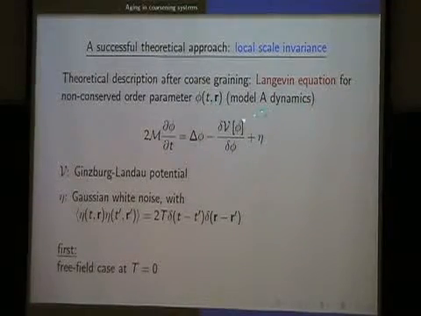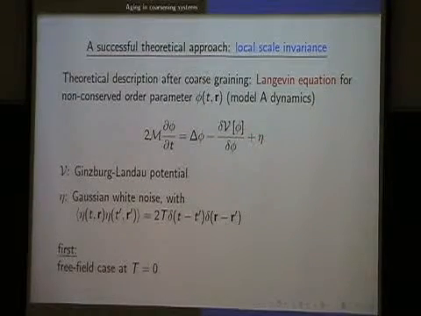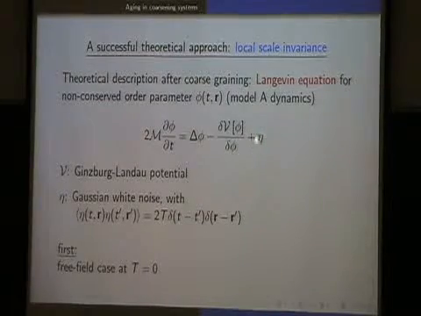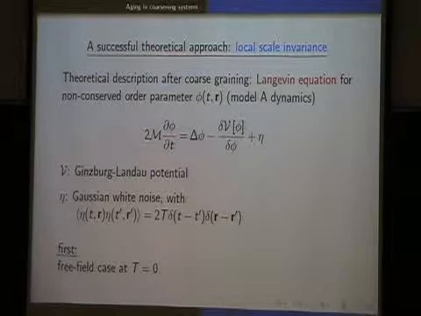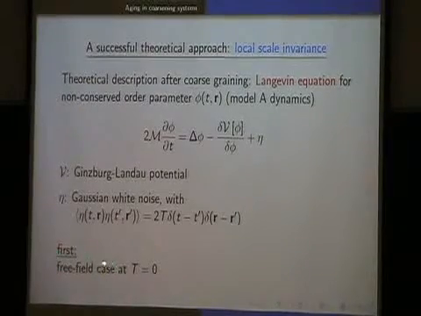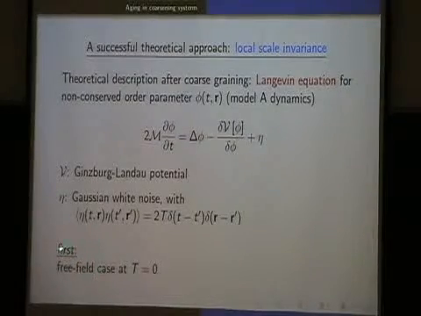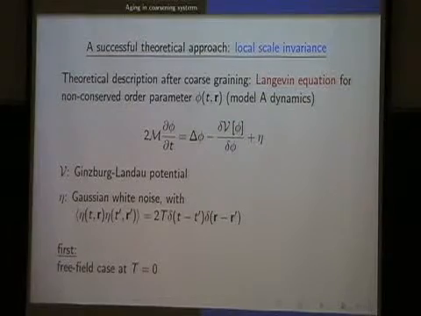So the first thing one might want to do is look at the noiseless equation, because temperature only enters through the noise term. So we might first get rid of the noise term and then see what we can do. So we first look at the noiseless equation, and then we make a much more serious approximation. I will first consider the free field case. So we don't have any potential.